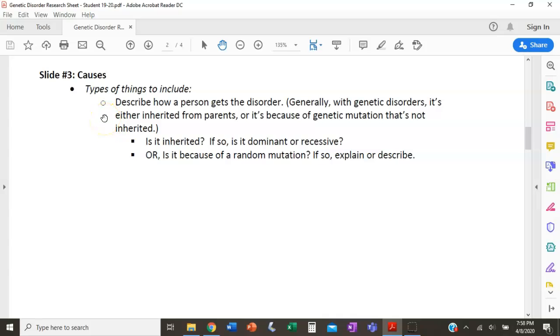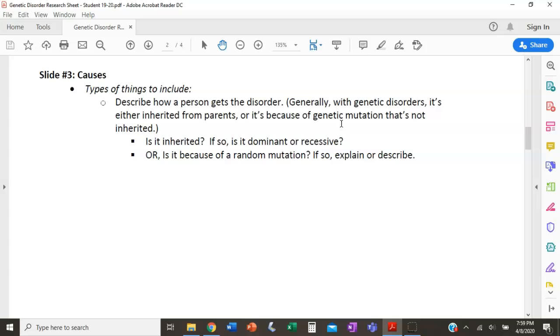Now, most of these websites are going to get pretty technical, so we're looking to describe how a person gets the disorder. In other words, we know we're dealing with genetic disorders, so we know it has to do with the genes or the DNA, but is it inherited from the parents? Or is it because of a mutation that happens at some other time after the baby has been conceived?